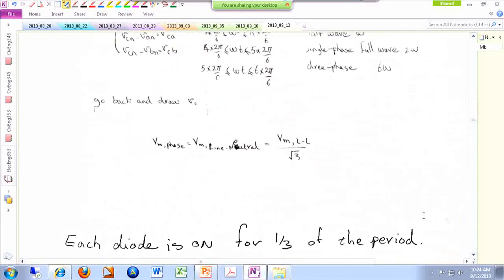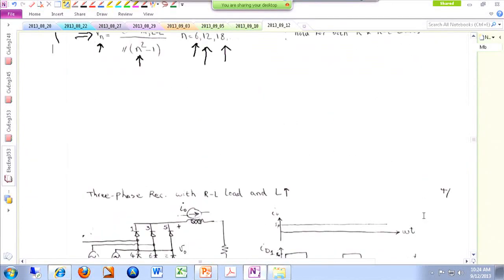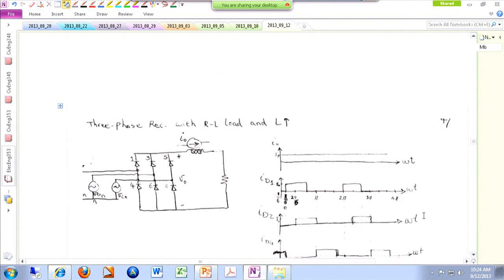And that inductor is relatively large, so technically you're looking at a system like this. The only difference over here is that in addition to my resistive load, I'm adding a large inductor. And inductors that are large could be modeled or replaced by a current source.